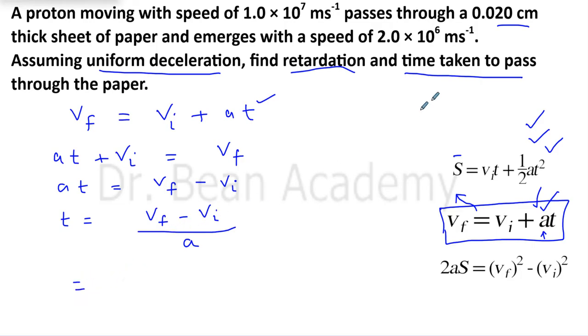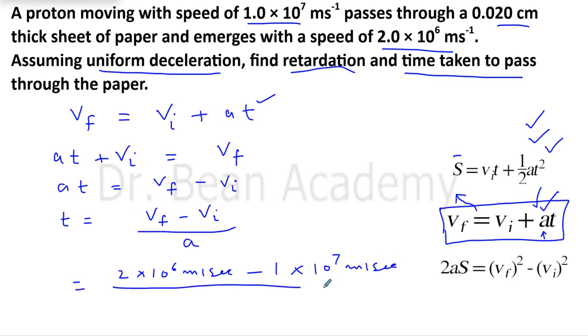And now let me put in the values. Vf, the final velocity, which is the velocity of the proton after passing through the paper, is 2 into 10 power 6 meter per second, minus the initial velocity, which is the velocity of the proton before entering the paper sheet, 1 into 10 power 7 meter per second, divided by acceleration.